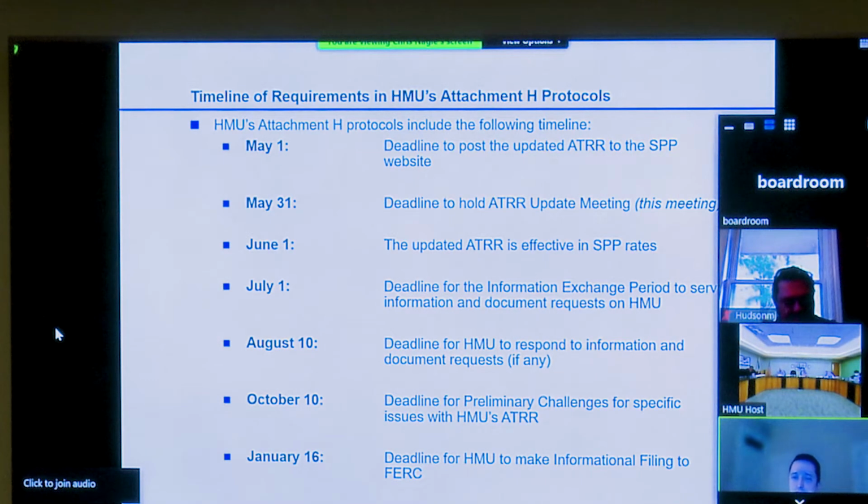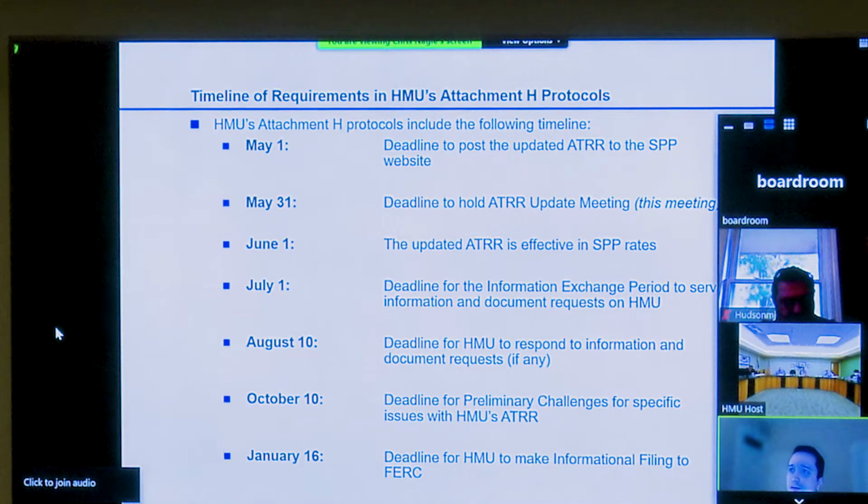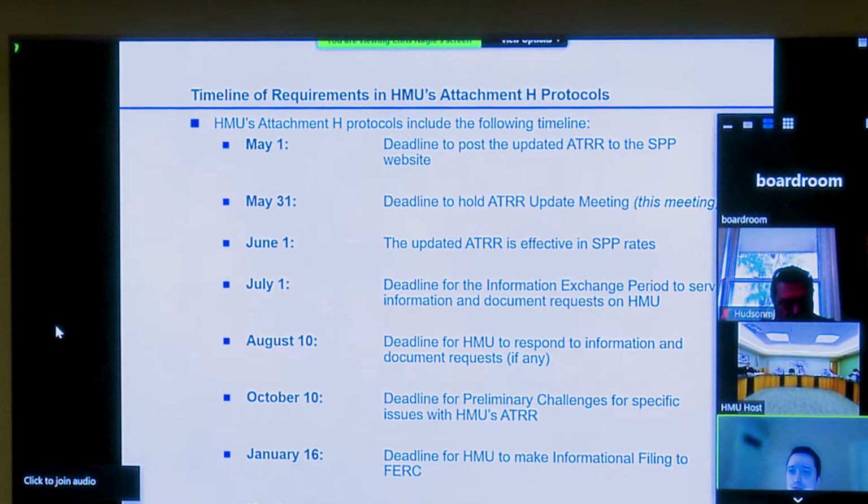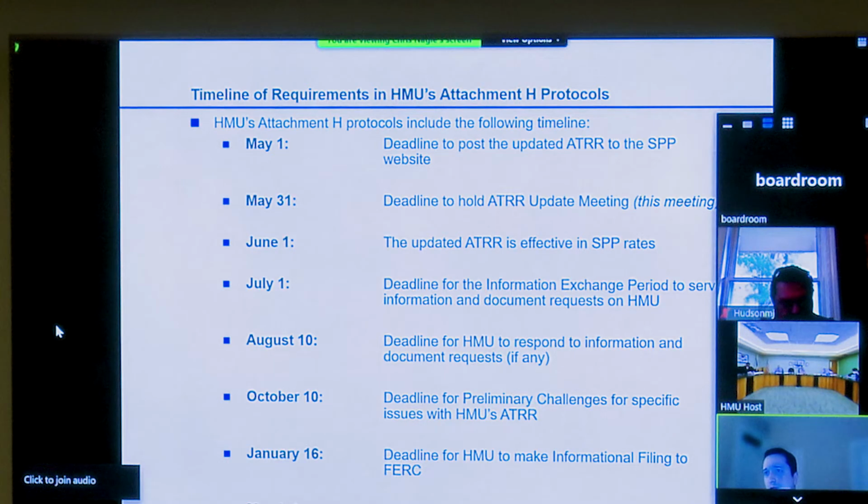So this is a brief timeline of the various deadlines that are outlined in Harlan's Attachment H protocols. You can see that May 1st was the deadline to post the updated ATRR to the SPP website. May 31st is the deadline for this call. And so today being the 26th, we are meeting that deadline.